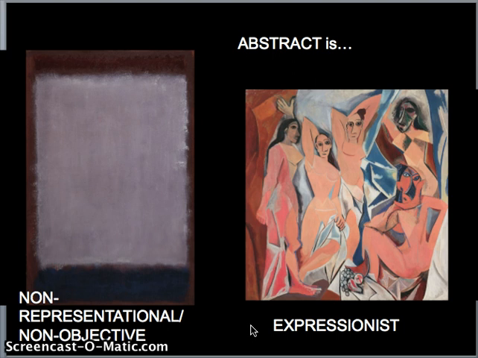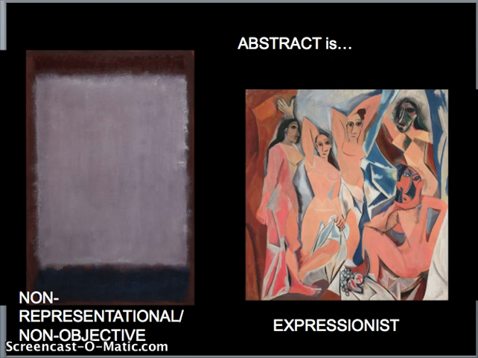Picasso, for instance, has done this painting, Les Demoiselles d'Avignon, of these women, and we know that they're women, but they're very distorted. So this is known as abstract expressionism, which is also another art movement itself. But if you're talking about something that's abstract, tell me, is it non-representational or is it more just expressionist? Rothko's work is definitely a non-objective type of abstract, okay?